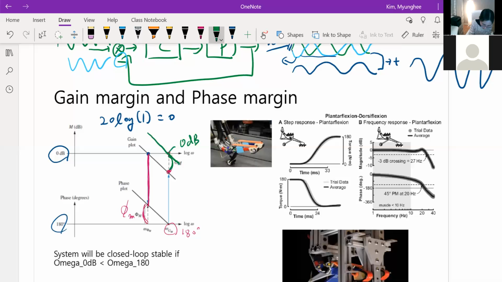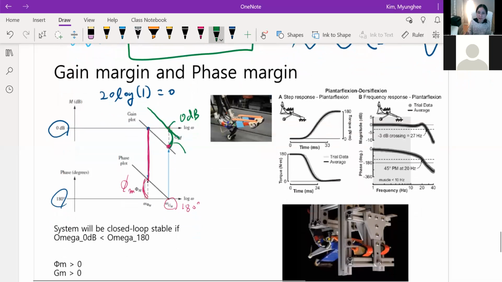And how much room do you have before it reaches 180 degrees, by looking at this magnitude plot. So the phase margin is the phase difference, when the magnitude is 0, between the 180 degrees and the current degree from the Bode plot.